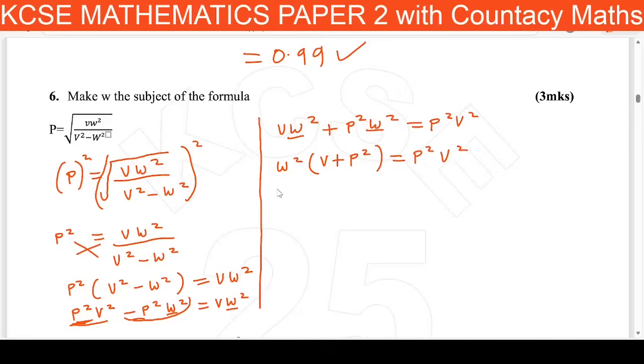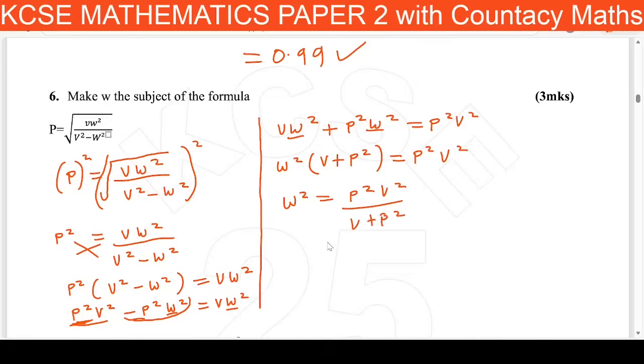So finally, we can pick this v plus p squared to the other side and see what we get. So what we are going to remain with here is w squared, and on the other side we are going to get p squared v squared, all that divided by v plus p squared.